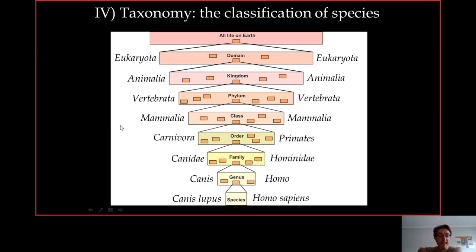So every time you feel lost about the taxonomy, I strongly suggest you go back to this slide and really study it and be comfortable with that. Because if you are not comfortable with that, then there's very little you can possibly understand. And as I say, we don't have time to go back every time to this concept, the concept of taxonomy.